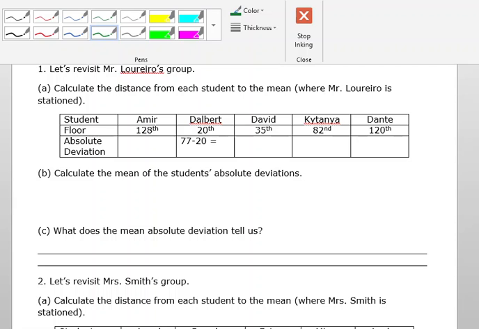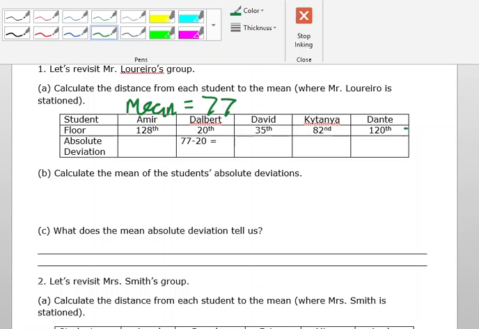For the floors the students were on, Amir, Dalbert, David, Catania, and Dante, when we added all of these numbers up and divided, the mean of this data was 77. So the mean is the 77th floor.